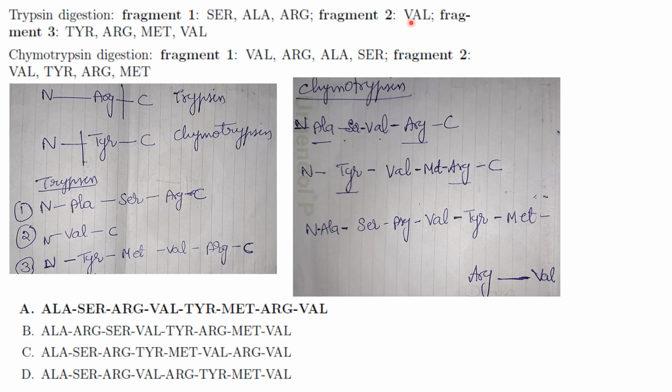Now there is valine also, and fragment 3 is tyrosine, arginine, methionine, valine. If you see the chymotrypsin digestion, fragment 2, that is valine, tyrosine, arginine, methionine, is the same as the fragment 3 in tyrosine.